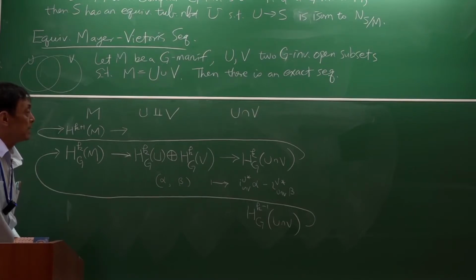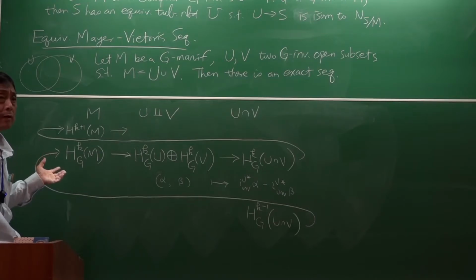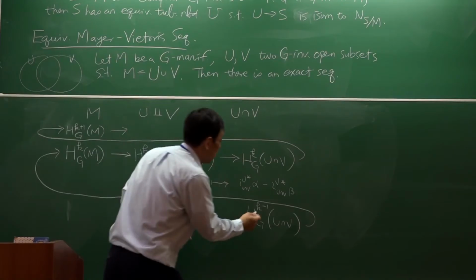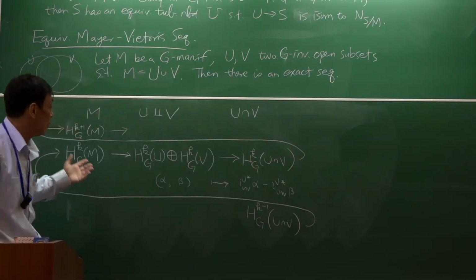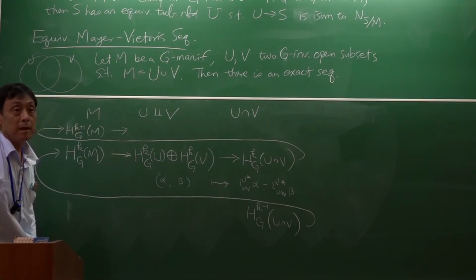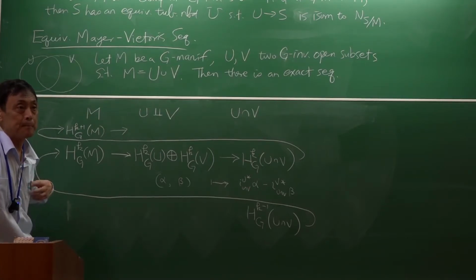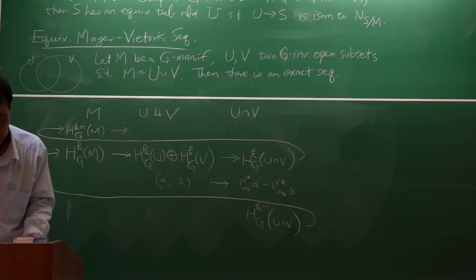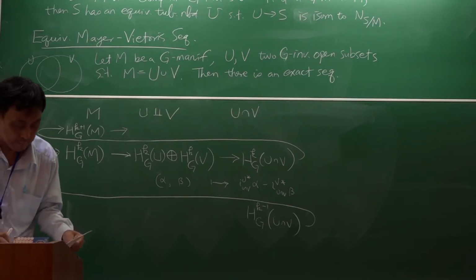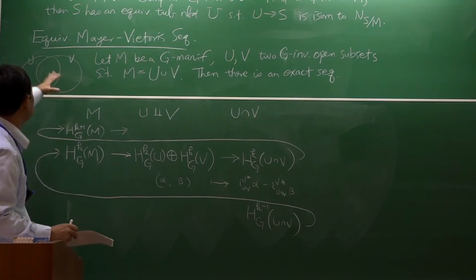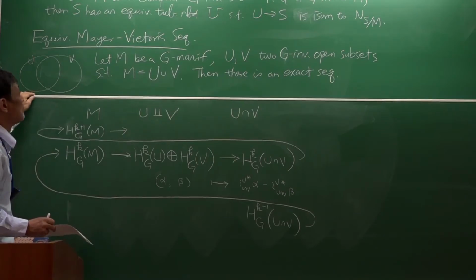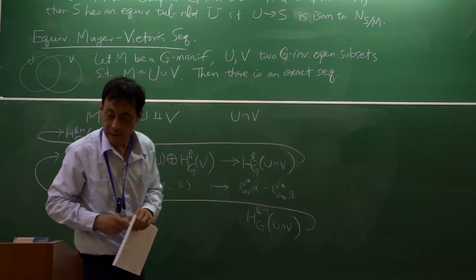I mean, it's exactly like this Mayer-Vietoris sequence in ordinary cohomology, but now we're using equivariant cohomology because all of these spaces are G spaces. Yeah. So I want to prove this from the Mayer-Vietoris sequence for ordinary cohomology.